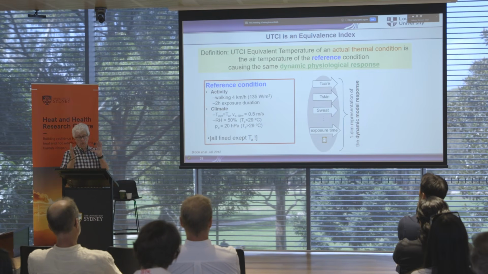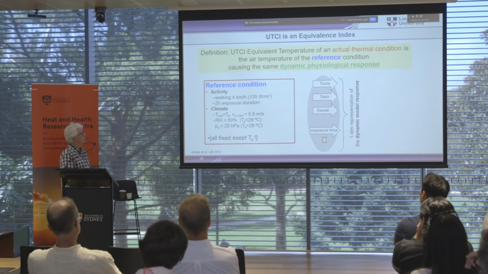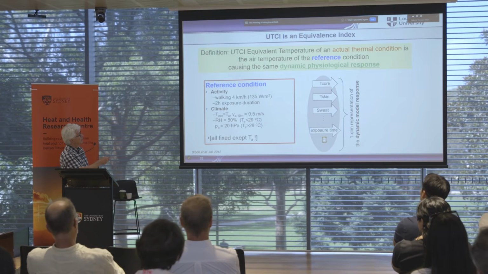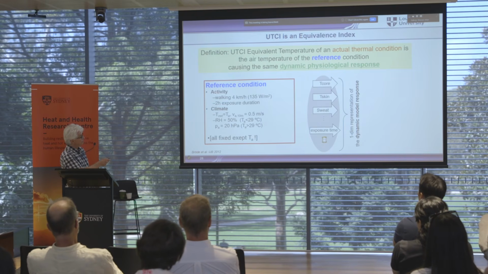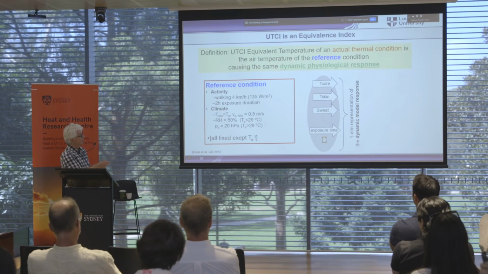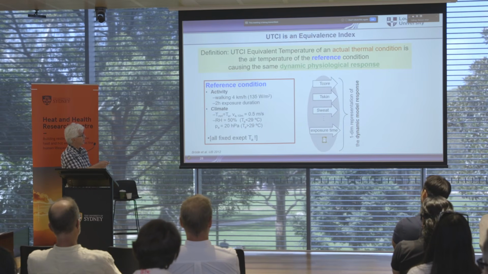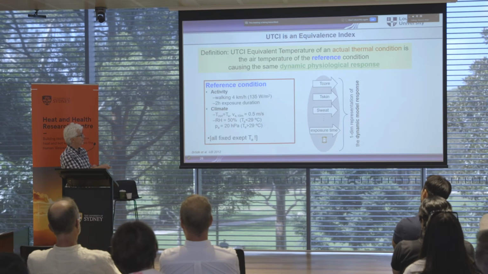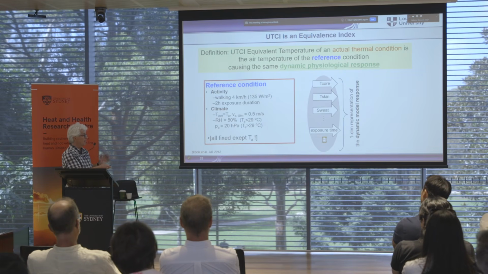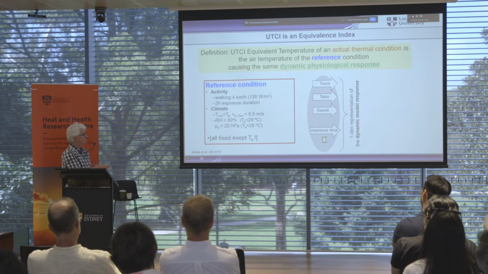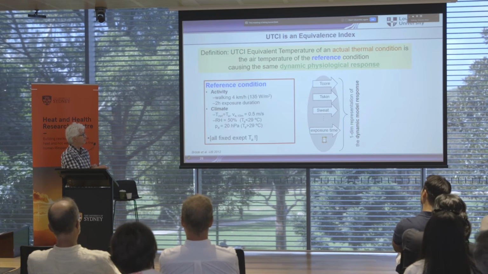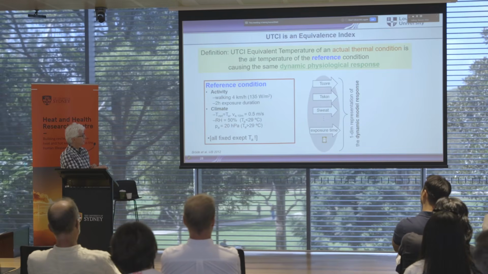So for all the temperatures we wanted to look at, we calculated UTCI based on the model for the reference condition, which was a fixed walking speed, 2-hour exposure duration, mean radiant temperature the same as air temperature, wind speed half a meter per second, humidity at 50%, except if it went to very high temperatures, then it's unusual to be above 50%, so we limited it to 20 hectopascals.